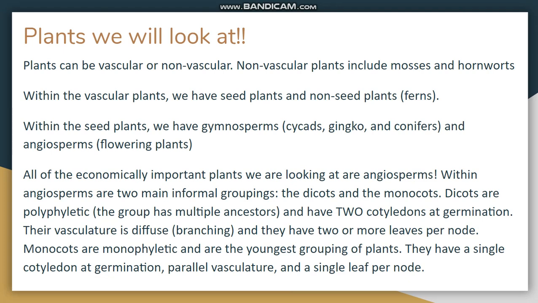Dicots are the more confusing group. They are a group that's called polyphyletic, which means numerous angiosperm ancestors gave rise to what we now classify as dicots today. It doesn't mean that there's not a common ancestor to everything in the angiosperms. What it means is that when the angiosperms first split off from the other vascular plants, there were a few groups initially, each of which on its own produced dicotyledonous plants.